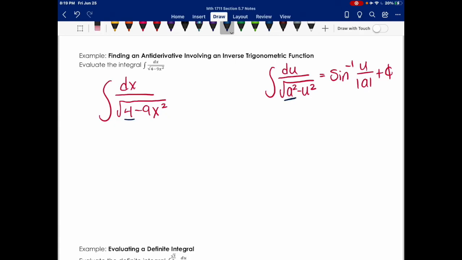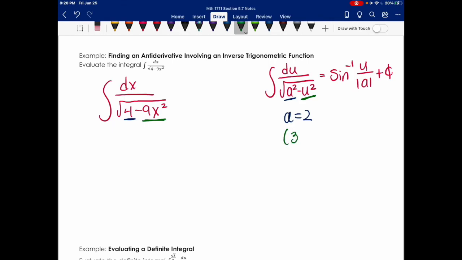That looks like the closest thing that we have to this. If I want to identify what my a value is, I ask what's being squared to get 4? That would have to be 2. So we're going to identify a as 2.